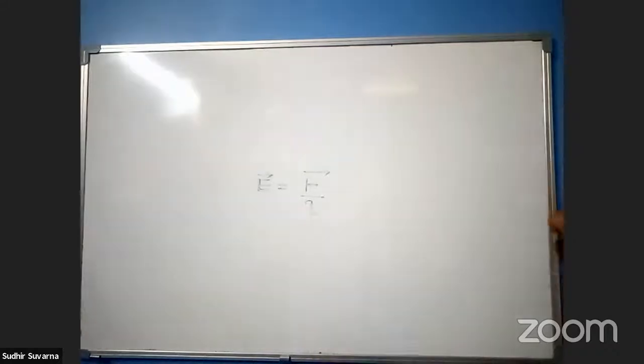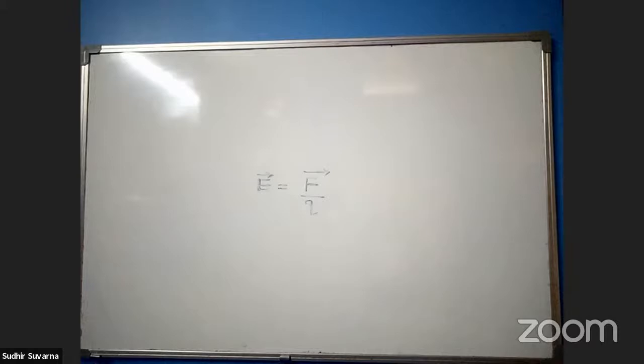So if I take this Q to be very small, we use one mathematical operation that is called limit. If I take the limit Q tends to 0, it means the value of Q will become very, very small. You have studied limit? No, sir.